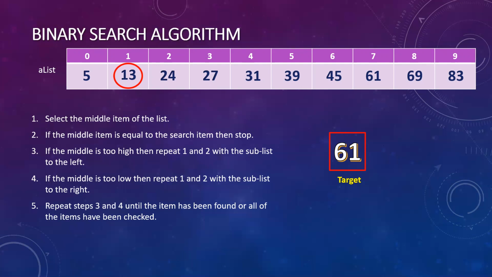So in the sublist, the middle point is 61, and it will search. Yeah, they're the same. So it will stop its work because it got the same value in the list, and it will give us the message that the data is in the list.